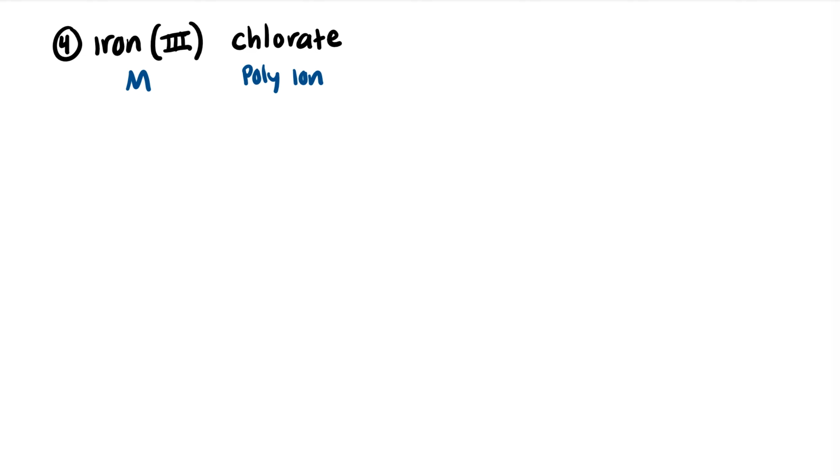I know that. I see ATE at the end. I know ATE is going to be a polyatomic ion, one of those 9 that I have memorized. And so again, this is ionic because I have a metal and a polyatomic ion. So I have to use charges to write the formula of this compound.